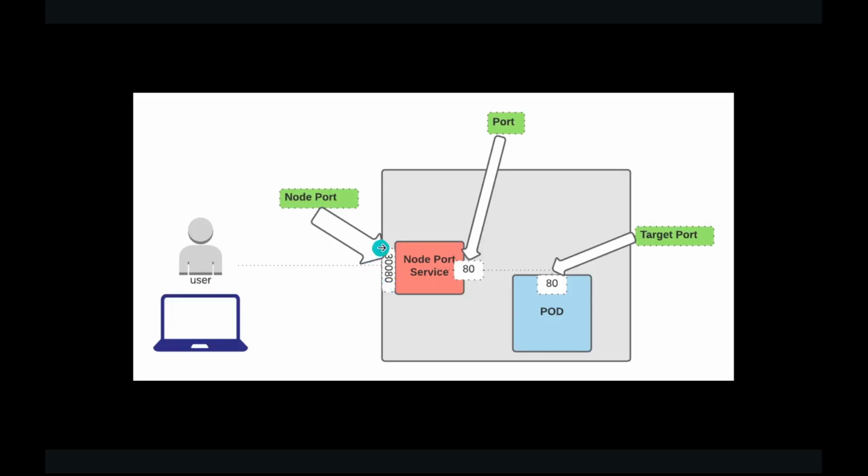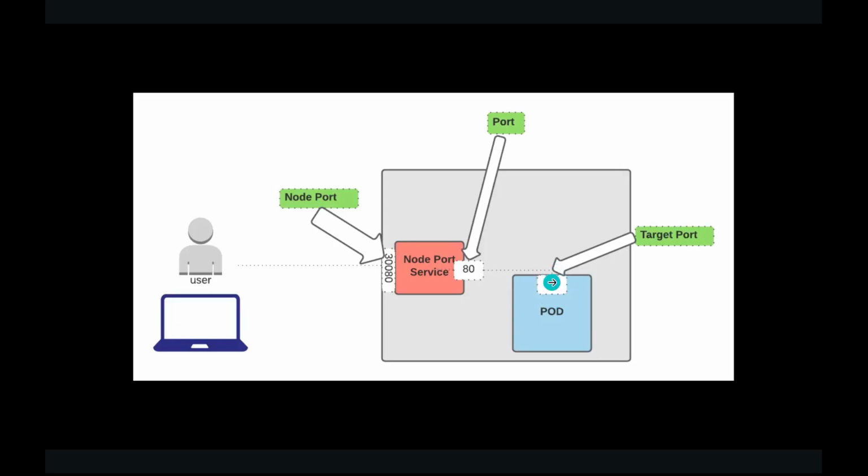The port number assigned to this NodePort is 30080. The user will type the IP of my worker node colon the NodePort, to access my application running on this worker node. Access the node host IP colon 30080 to access this particular port.